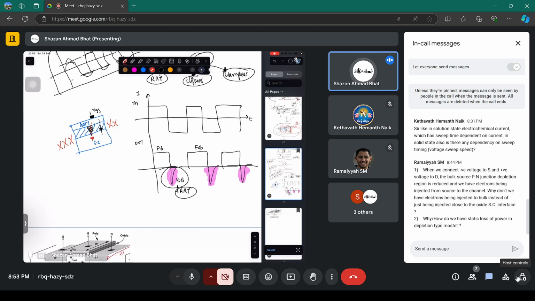Every oxide has a breakdown voltage. It may depend upon the thickness, and it may depend upon the permittivity of that oxide, the epsilon value. That determines the breakdown value of that oxide. Second, there is something called time dependent breakdown.